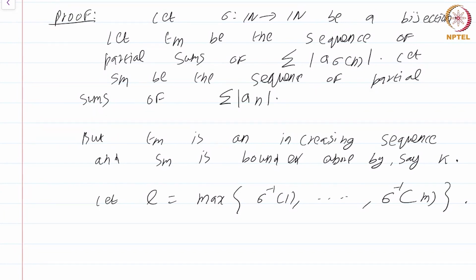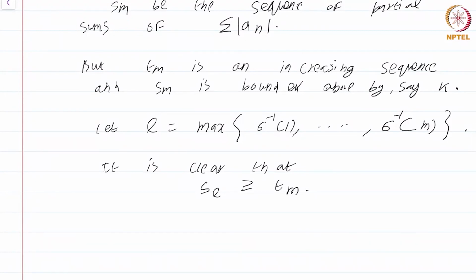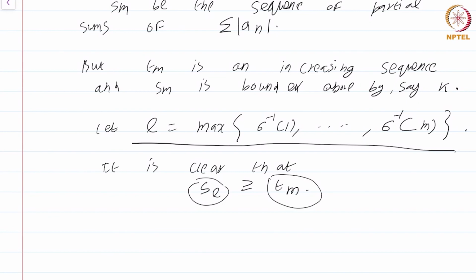Now it is clear that SL is greater than or equal to Tm. Why is that the case? Well, look at what I have done. L is the maximum of sigma inverse 1 to sigma inverse m. That means every single term that comprises Tm will occur in this sum SL also, and possibly more terms can occur. Therefore, SL will have to be greater than or equal to Tm.